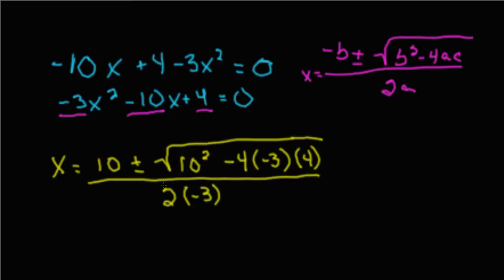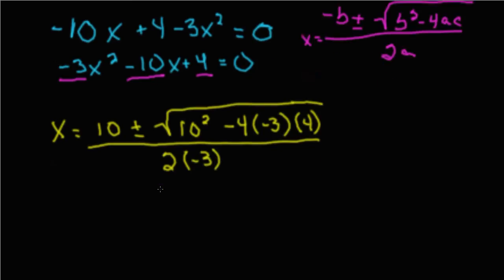So our solution, for values of x that make this true, are 10 plus or minus the square root of 10 squared minus 4 times a negative 3 times 4. So we can work all that out. That's equal to 10 plus or minus the square root of 100. Minus 4 times negative 3 is a positive 12, and then a positive 12 times 4 is 48.